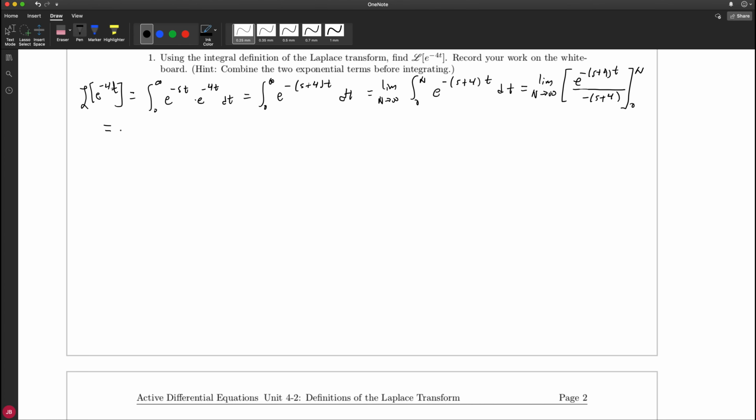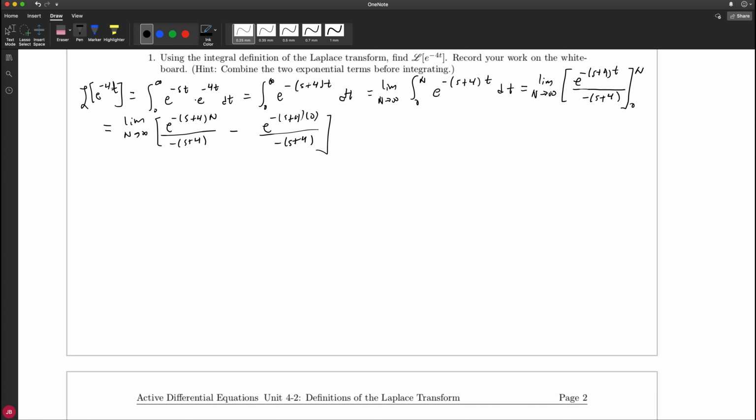Okay. Well, now this equals the limit as n goes to infinity. Well, plug in n, so we get e to the negative (s plus 4) times n all over negative (s plus 4), minus e to the negative (s plus 4) times 0 all over negative (s plus 4).